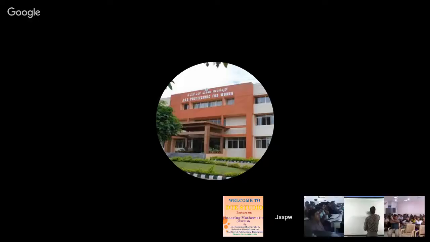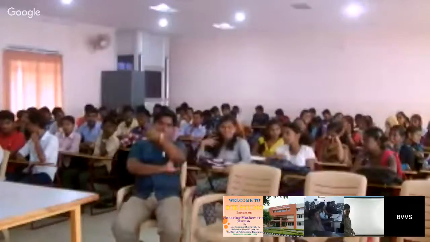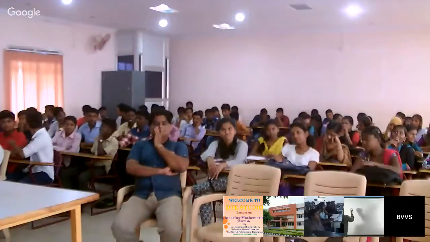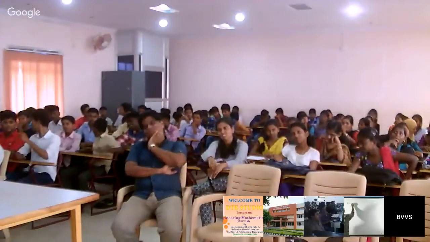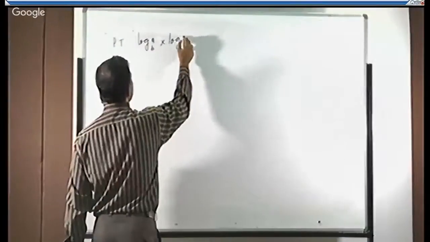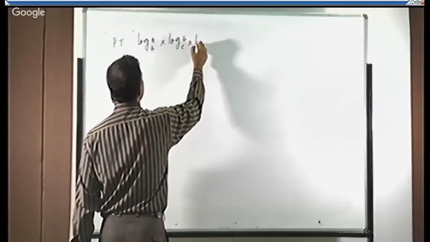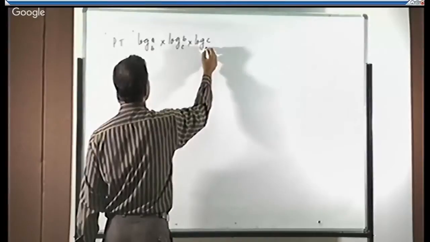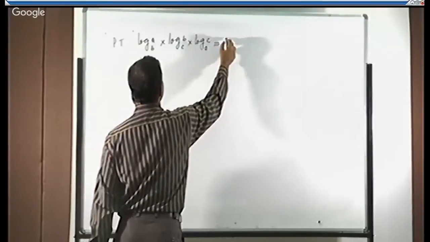So based on these laws, let us work out a few problems of different types. Prove that log of a to the base b into log of b to the base c into log of c to the base a is equal to 1.